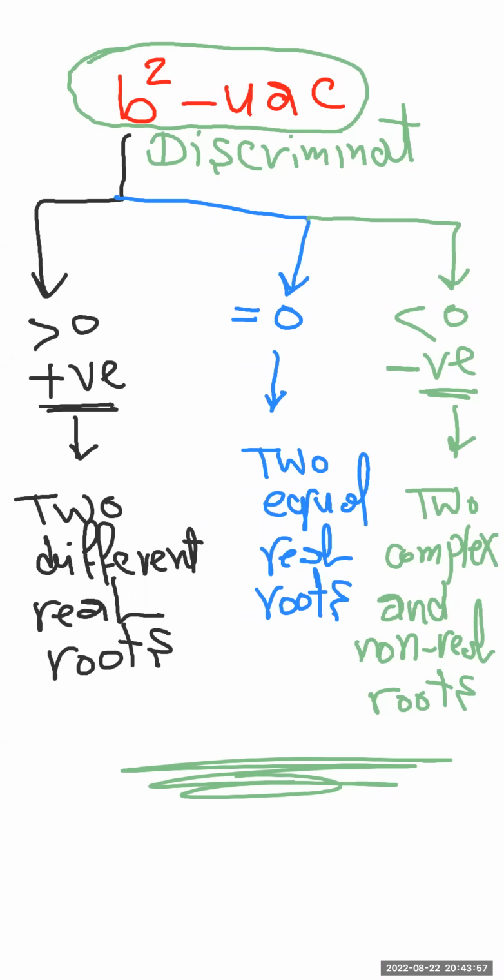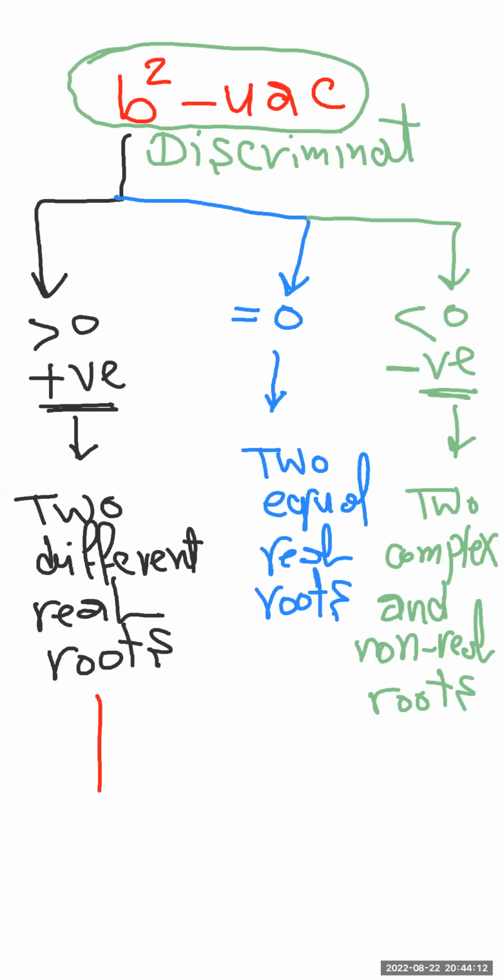Okay, so in the first case, if the discriminant is positive or greater than 0, this means that there are two different real roots. Graphically, it will be like that. This is the xy plane, and then the curve will be like this, or otherwise, it will be like that.